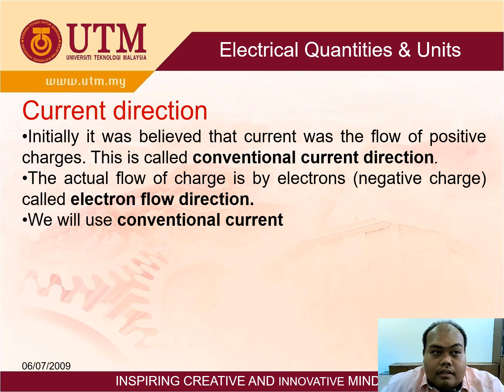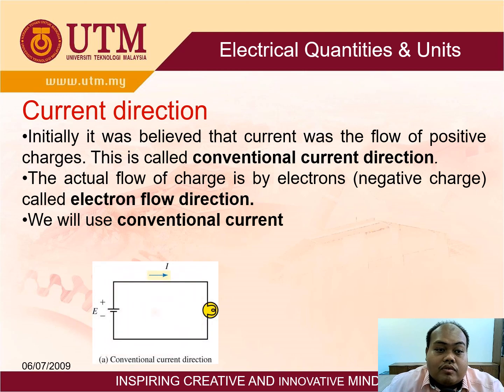This is important. There are two types of current direction: either conventional current direction or electron flow, or electron current direction. For this class we use conventional current. If you use electron current direction, you have to use a different book or different slide. Everything will be changed.